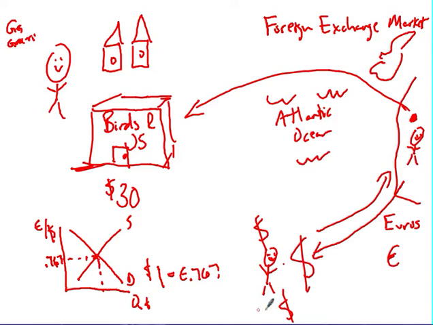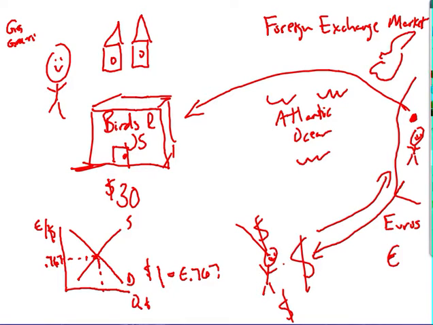and so he goes to the bank, we'll just say, goes to this guy and says, I need to get $30. Okay, and so the trick is to figure out if $1 is worth 0.767 euros, how many euros does he need to give this guy to get $30?